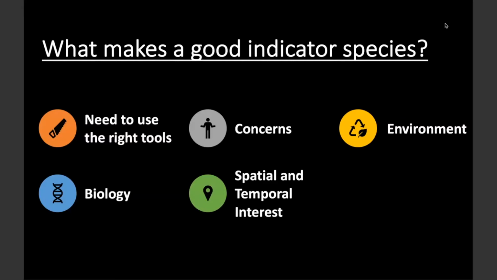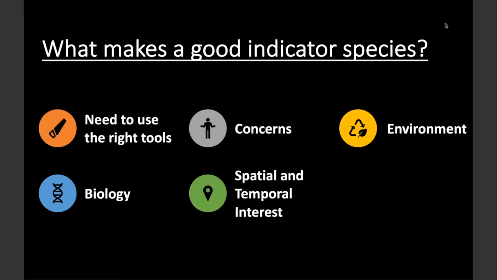So would I be looking at aquatic systems? I'd probably be looking at species that live in that aquatic system. If I was going to look at terrestrial systems, I'd be focused on species maybe that live in the desert or in alpine environments. So you really have to target your species to the specific environment that you are concerned about. And then the biology of the species is really important as well.